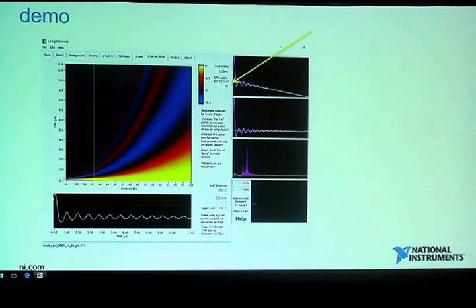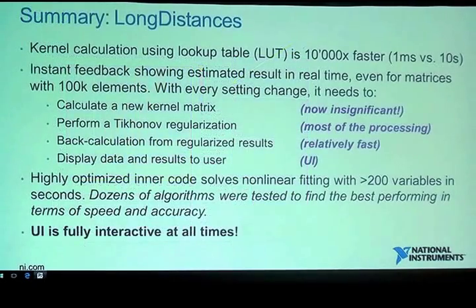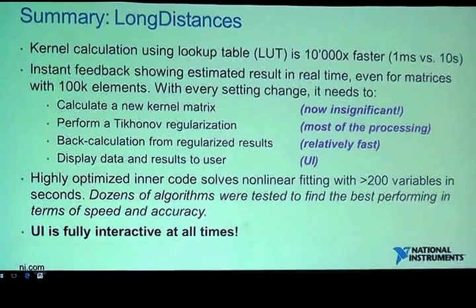I don't think you can do it in 3, so a factor of 10 speedup is probably not possible. I'm happy with the 31, and it's faster than all the other calculations I have to do later, like the regularization. The kernel calculation is 10,000 times faster using that lookup table, and it's easily within 10 to the minus 8, much better than the noise in the data.